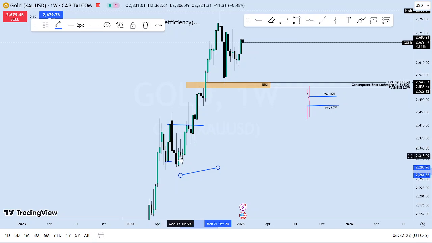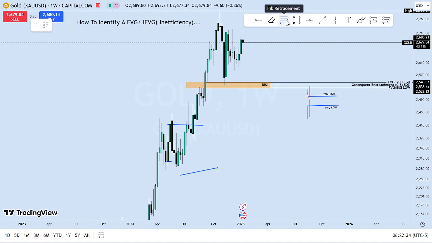Coming over here, we close at the main threshold, the half of this order block. Use your Fibonacci. This is your Fibonacci retracement. Hope you are seeing my chart. Yes. Good. You anchor from the opening. Every bearish candle opens from above and close below, where the body close, not the wick.